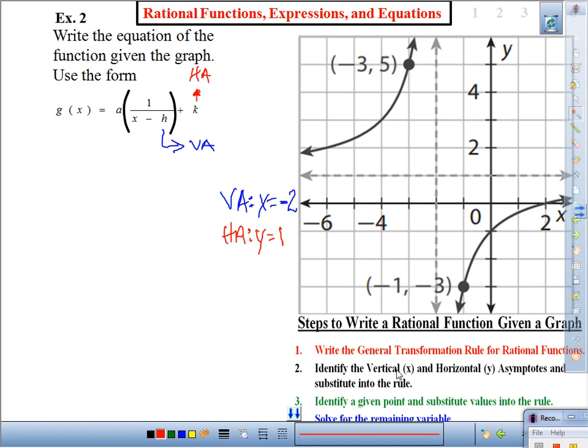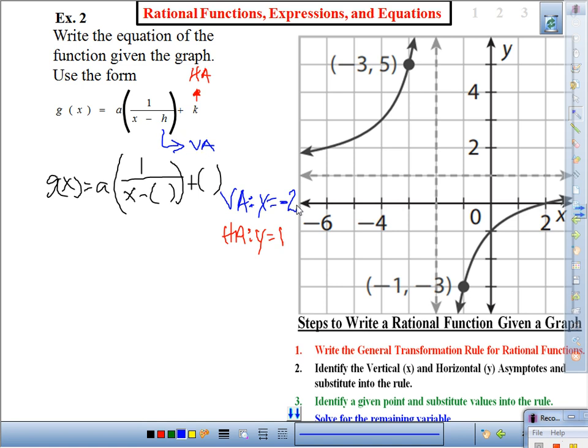It says, identify the vertical and horizontal asymptotes and substitute into the rule. So I'm going to substitute in here. Ready? So I'm going to rewrite that. G of x equals a, parentheses, 1 over x minus, but instead of h, what am I substituting in there? Let me put parentheses for those of you that don't see it.